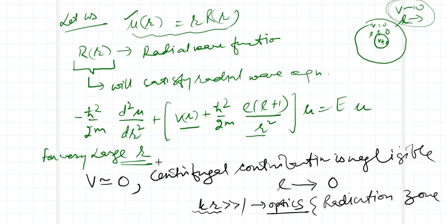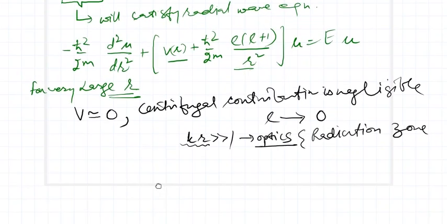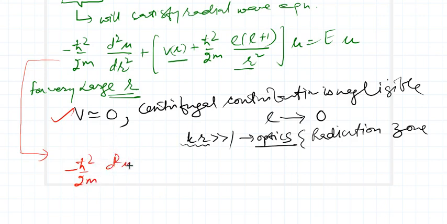So what will I get from here? If I use these conditions, which equation will this equation reduce to? These two terms will become 0 because they are not contributing to anything. So this equation will become, for this case, minus h cross square by 2m d square u over dr square is equal to EU.